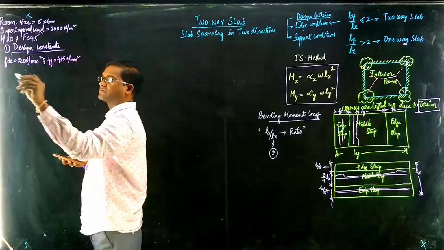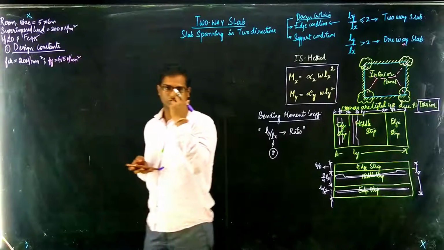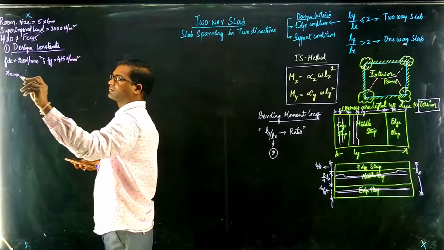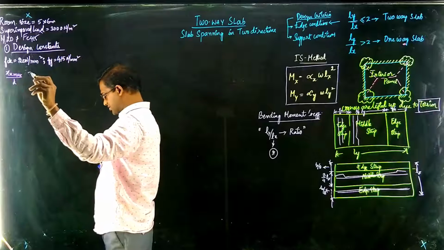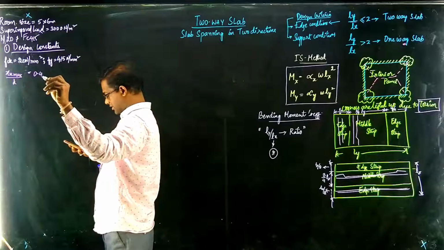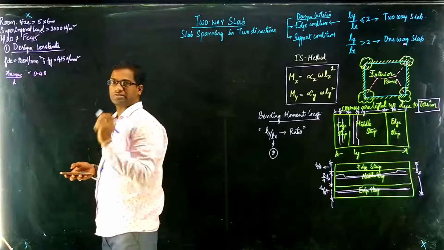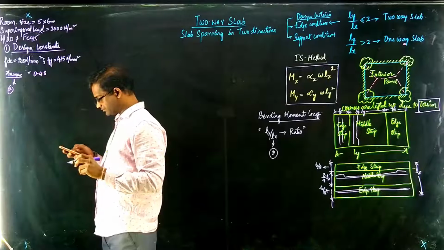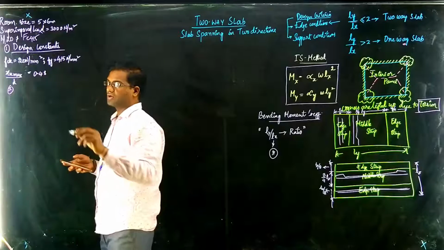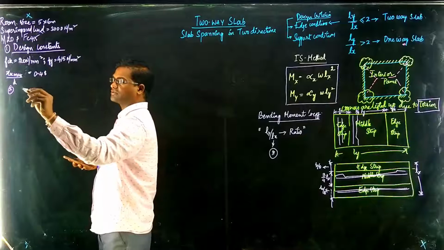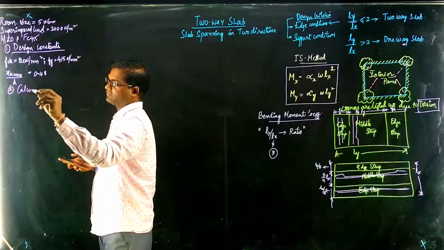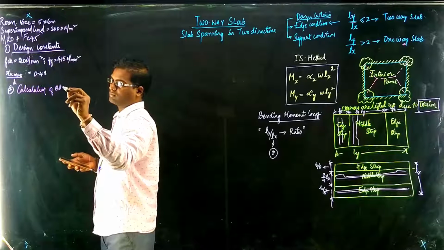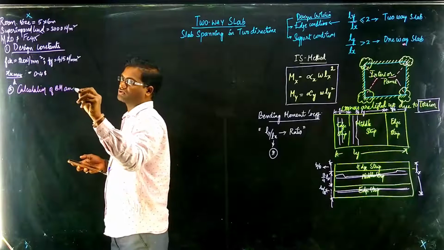And because fy is 415, you can calculate xu max by the limiting neutral axis ratio, that is 0.48. So these are the design constants. And the second step is to calculate the bending moments and shear force.